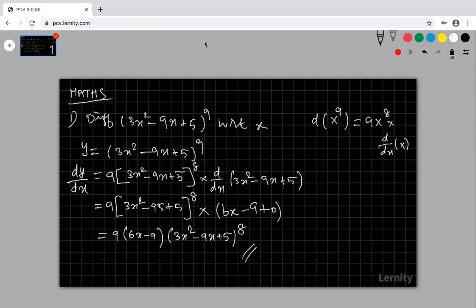Nagarjuna, this week's portion may be continuity only. We divide this chapter into two parts. The first part, we will conduct the test this week. The second part, we will conduct the test next week. I will tell you later, tomorrow or day after tomorrow.